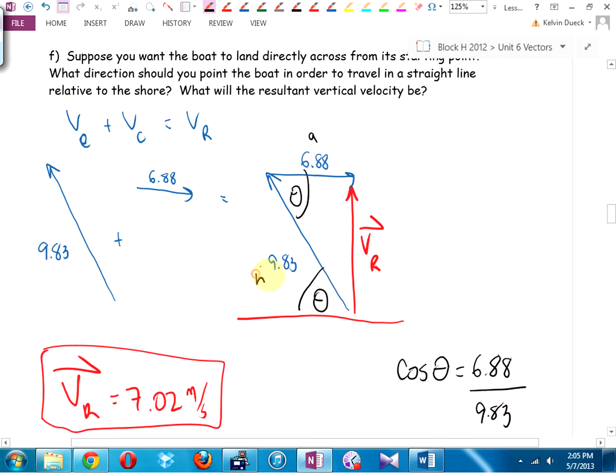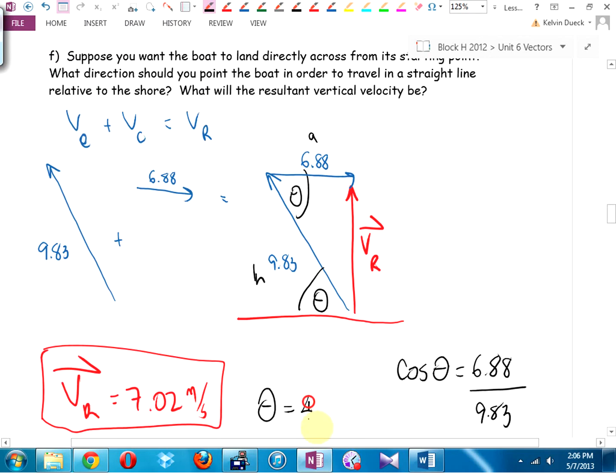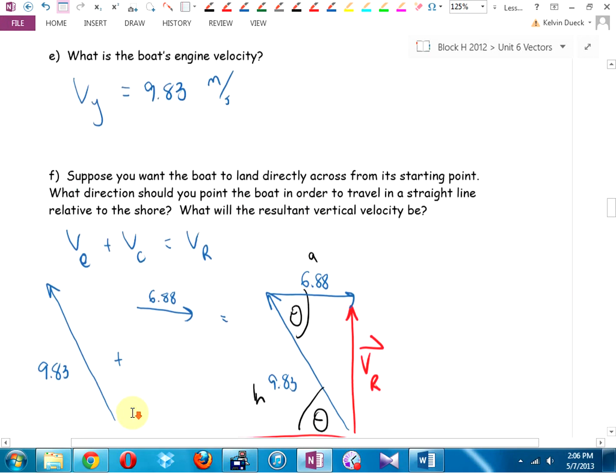Cosine. If you want to try the next couple of questions, there's my answer for E, 9.83. There's my answer for F.